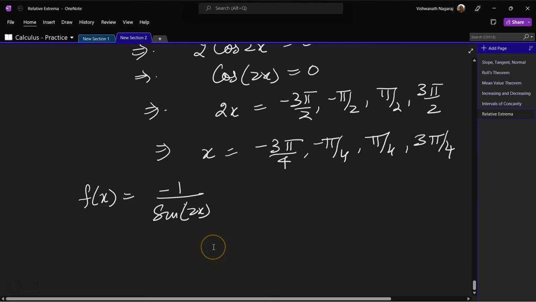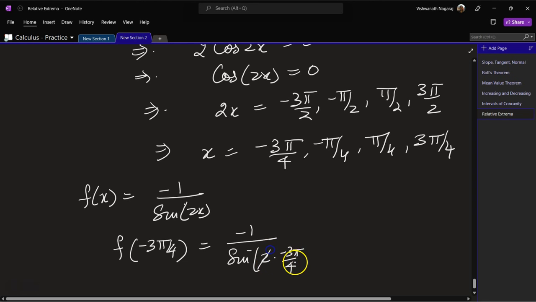Okay, keeping this in mind, let's look at f of minus 3 pi by 4, which is equal to minus 1 by sine 2 times minus 3 pi by 4, which gives us 3 pi by 2. Now, in case of sine, this minus can be taken out. Sine 3 pi by 2 is going to be minus 1. So, minus 1 by minus minus 1, which is minus 1 by plus 1, that is minus 1.